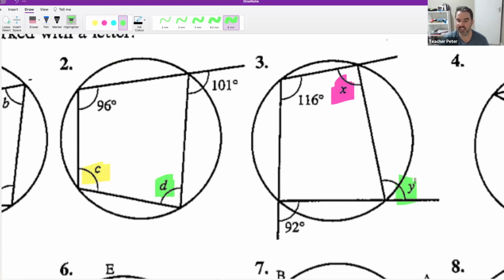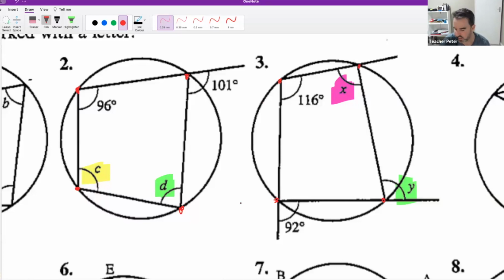Now you can see that these are cyclic quads. You don't have to prove anything. Proving something's a cyclic quad, we will cover at another time. But for now, we're just getting familiar with what a cyclic quad is. And I can visually see this is a cyclic quad. All 4 vertices are on the circumference.